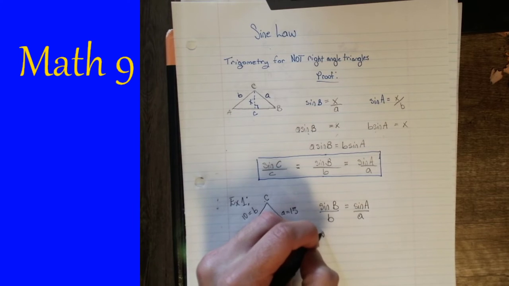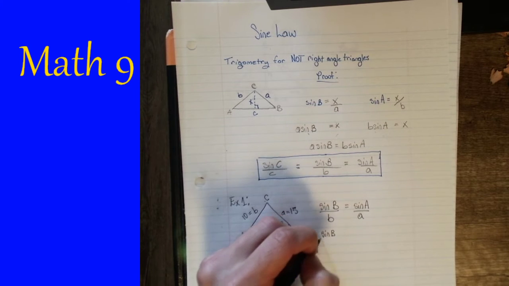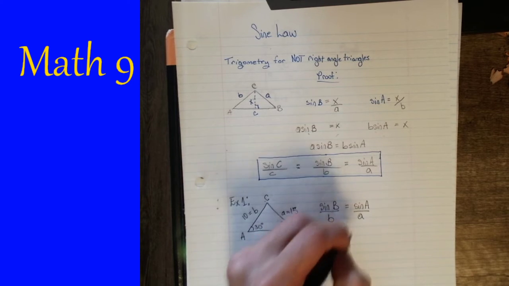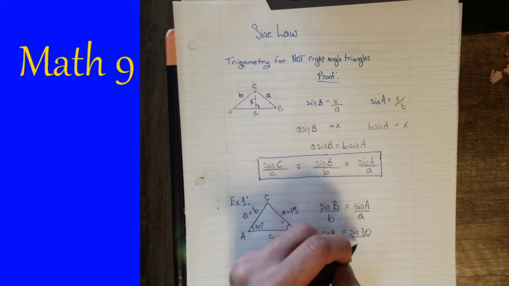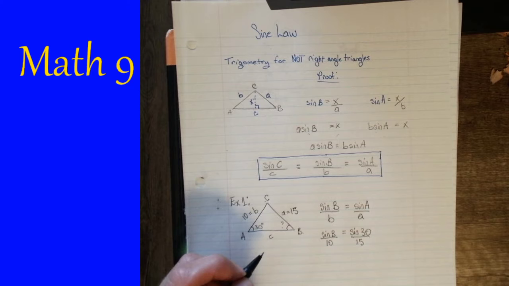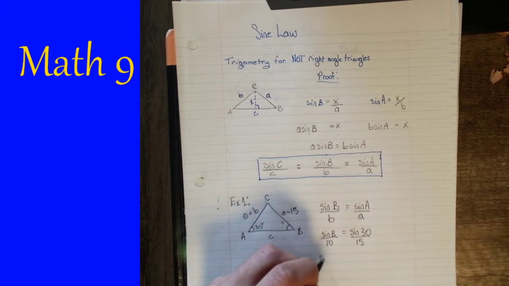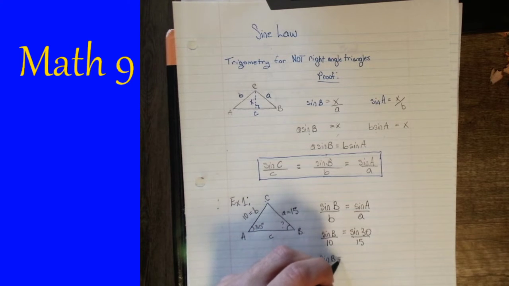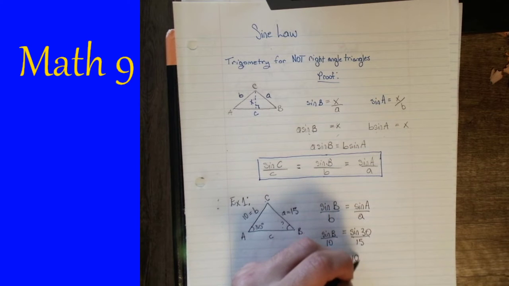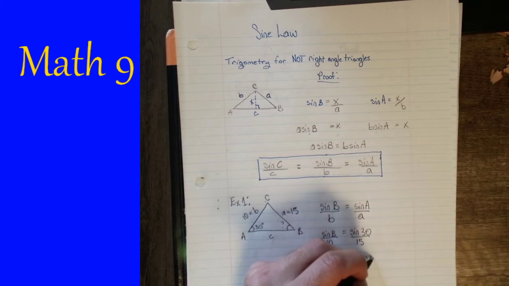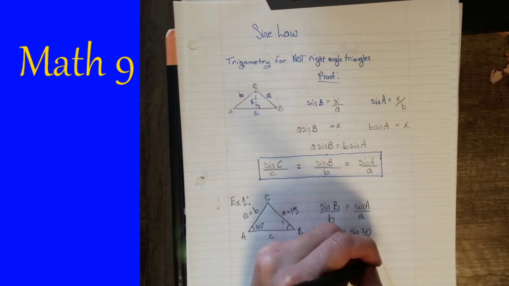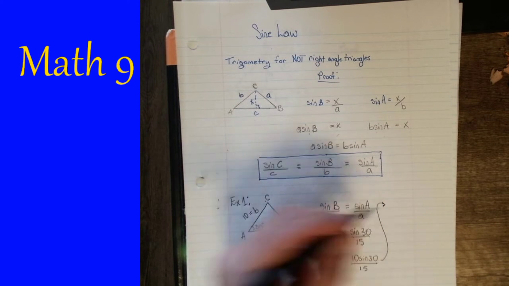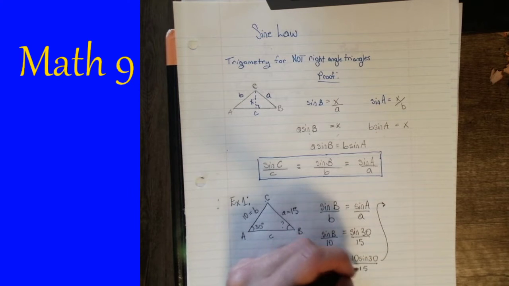So sine of B over 10 is equal to sine of 30 over 15. So sine of B is equal to 10 sine 30 over 15 if we multiply both sides by 10. Now that being said, sine of 30 is a half, so half of 10 is 5.